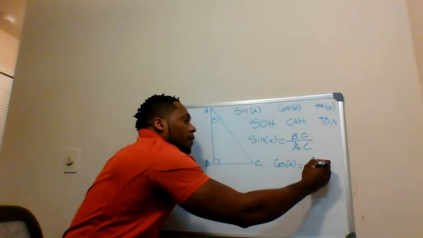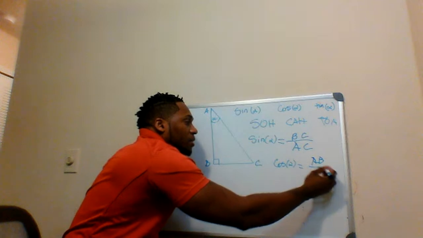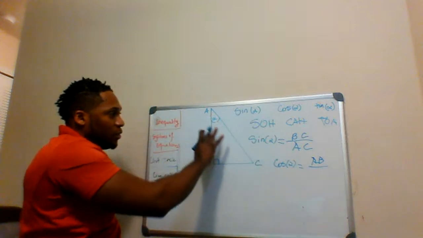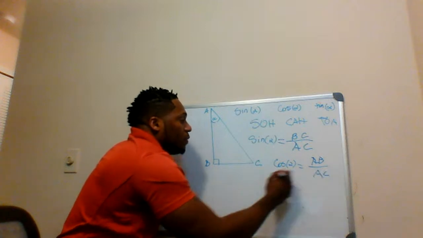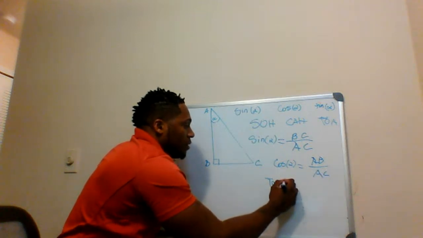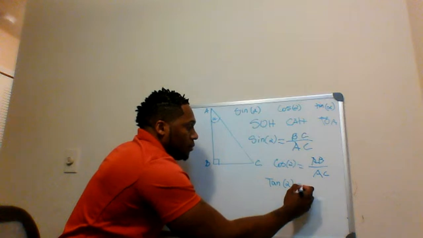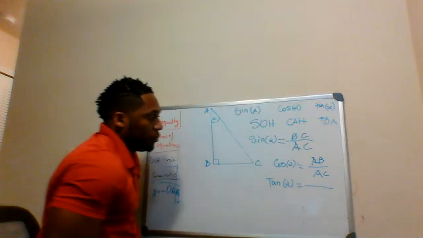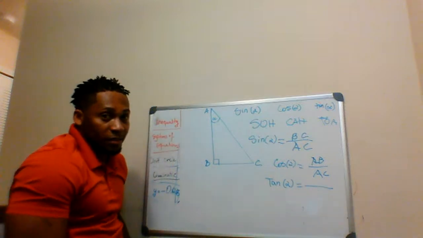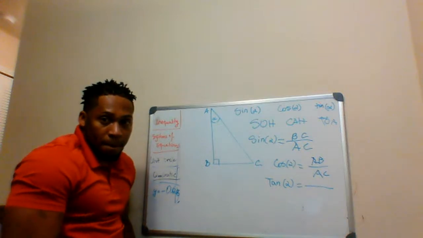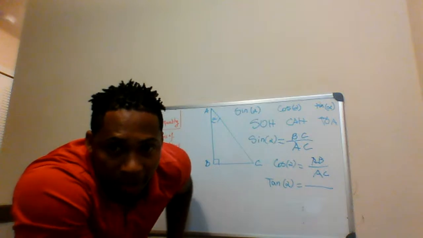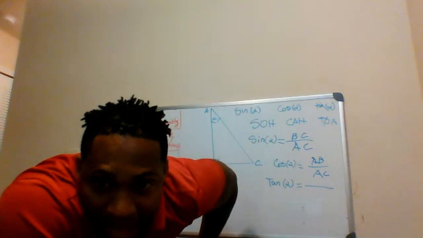AB over AC. And I'm coming to the person who asked about tangent, I'm coming to your question. Now what's the tangent of alpha? So what would that equal to? Tangent of alpha. Let's see.